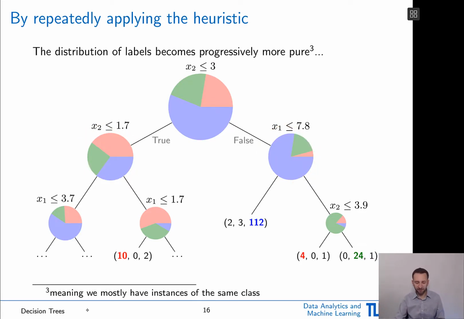And then we just recursively see, okay, for this subset, we check what is the best split and we subdivide. Here we check what is the best split and we subdivide, okay? Until we hopefully reach a state where it's getting more and more clean, right? So here, for example, it's mainly green, and here, for example, it's mainly red, or after splitting it becomes mainly red, and so on and so forth.